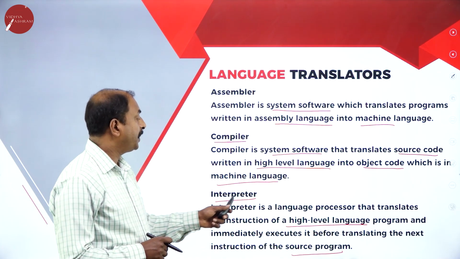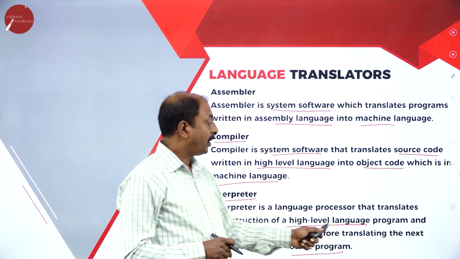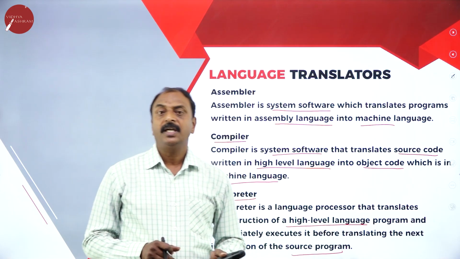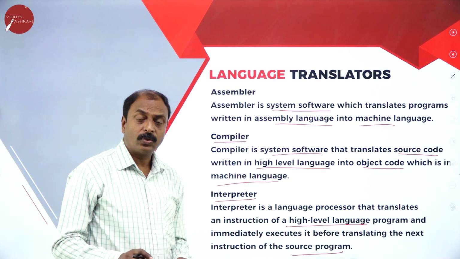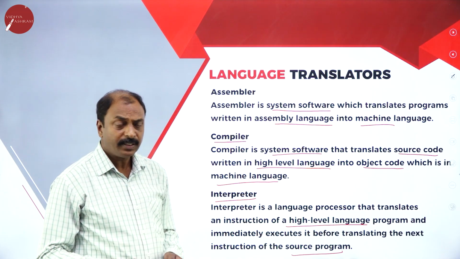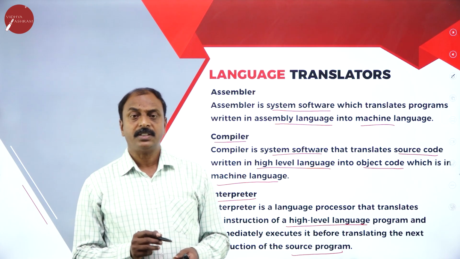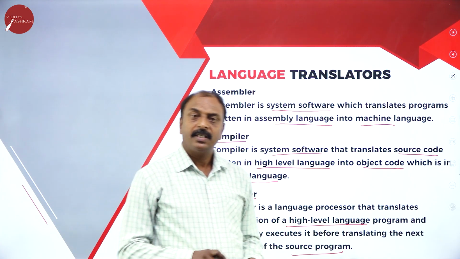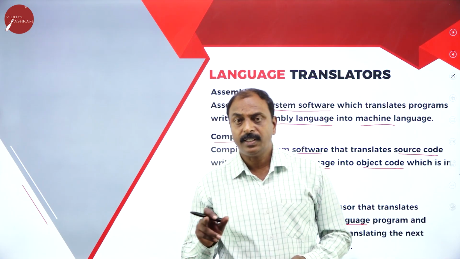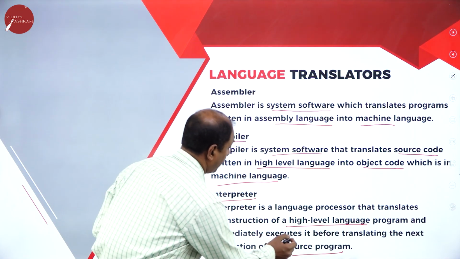But if you look at an interpreter, it is not like that. The set of instructions cannot be translated at once, so it translates the code or instructions one by one. It first converts instruction number 1 into machine level language, then it executes the same thing.